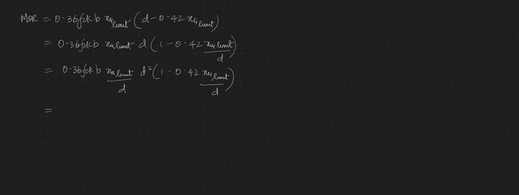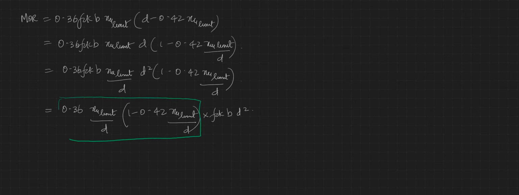I will rearrange it and write it like this: 0.36 XU limit by D into 1 minus 0.42 XU limit by D, into fck b D square. You can see that this value is a constant and will depend only on the XU limit by D value, which in turn depends on the grade of steel being used.